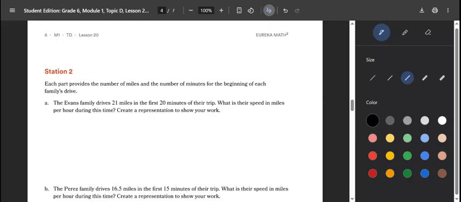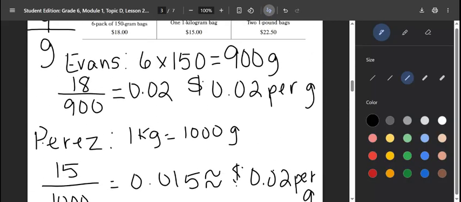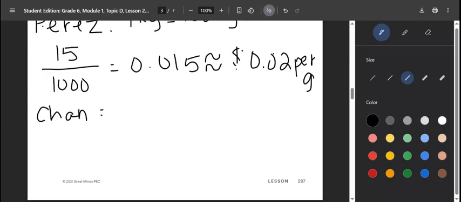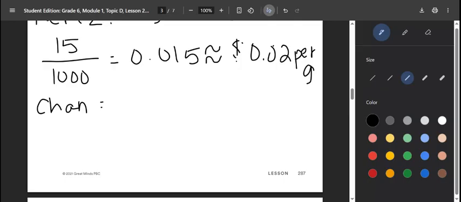All right, and then the next family is the Chan family. The Chan family pays $22.50 for a 2-pound bag. So we've got to take a pound and convert it to grams, and then multiply that by 2. So 1 pound equals about 0.45 kilograms.